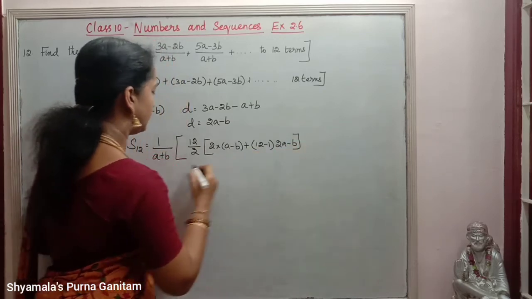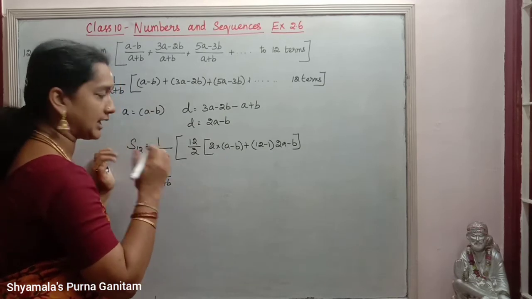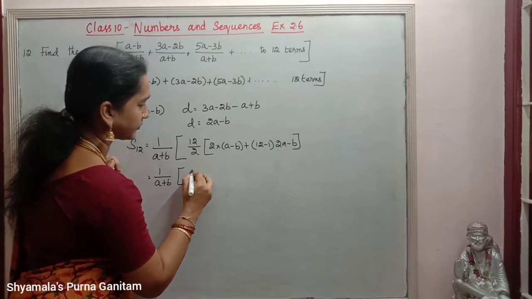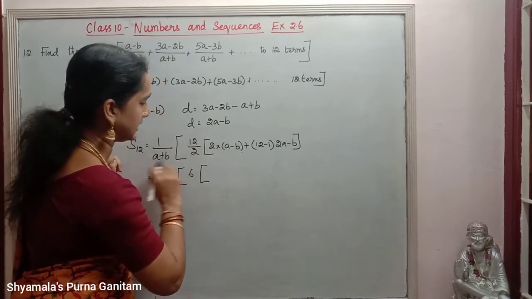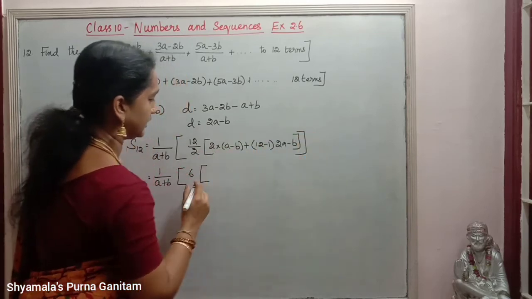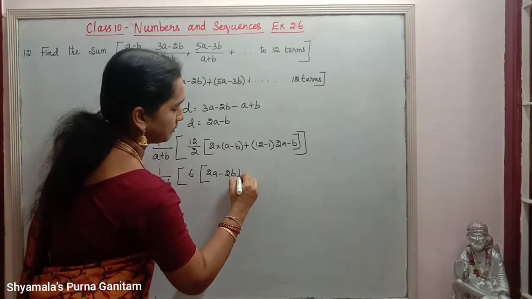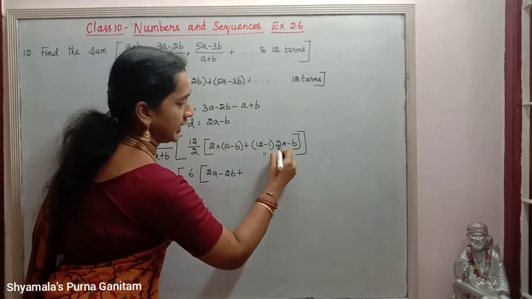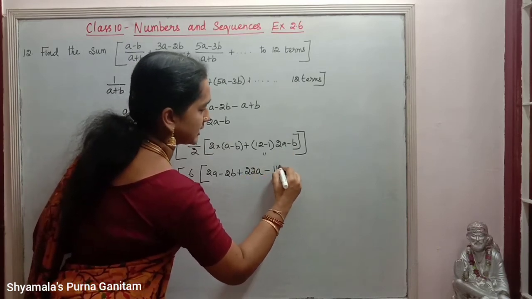Okay, so this one we will simplify. The 1 by a plus b will be as it is. 12 by 2 is 6, and 6 into, we will simplify what is inside. One more bracket will be there. So this will be 2a minus 2b plus, here we will get 12 minus 1 as 11. So 11 into 2 is 22a, minus 11b.